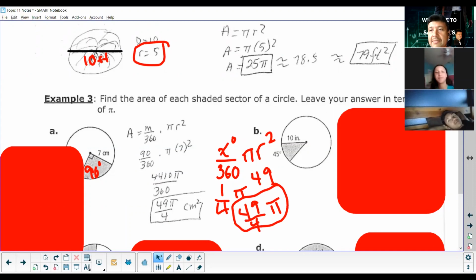Now let's go ahead and do the next part. Okay. So how would I do this one? Okay, so let's say you start with the equation. So you see this equation right here? Yes.